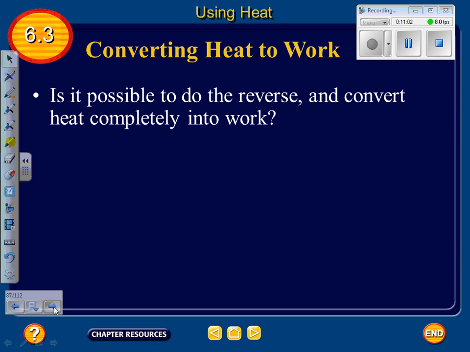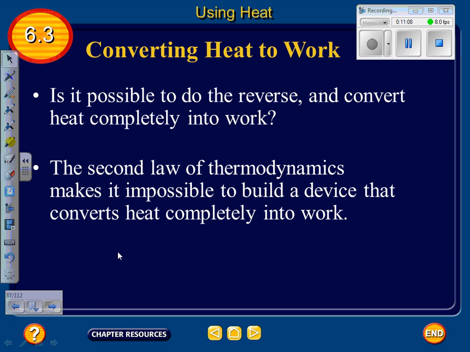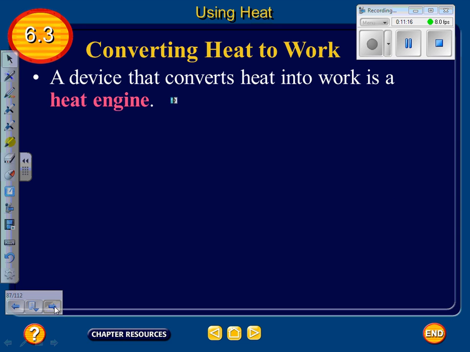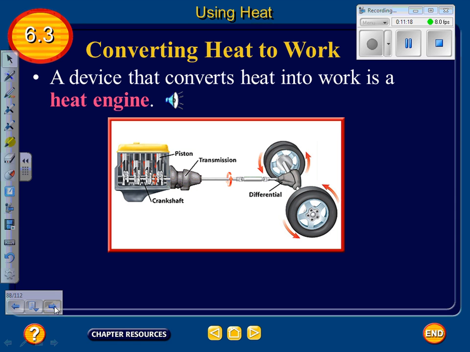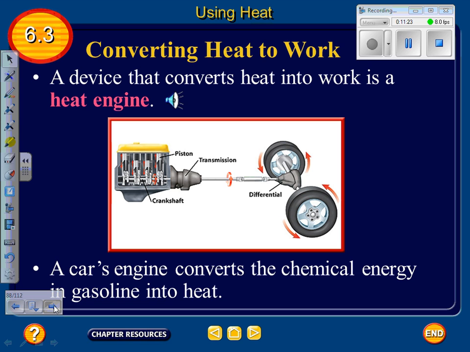Is it possible to do the reverse and convert heat completely into work? The second law of thermodynamics makes it impossible to build a device that converts heat completely into work. A device that converts heat into work is a heat engine. A car's engine converts chemical energy in gasoline into heat.